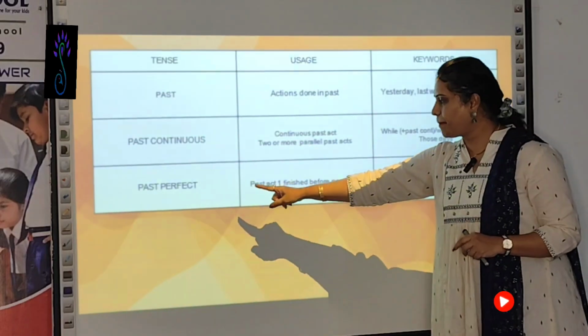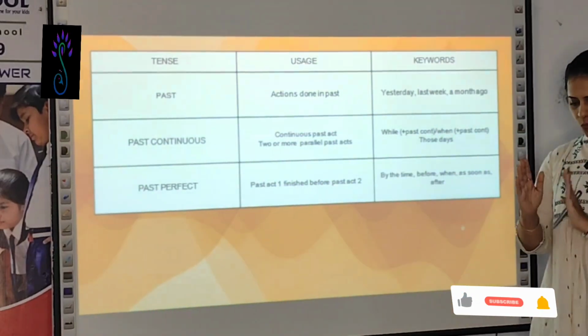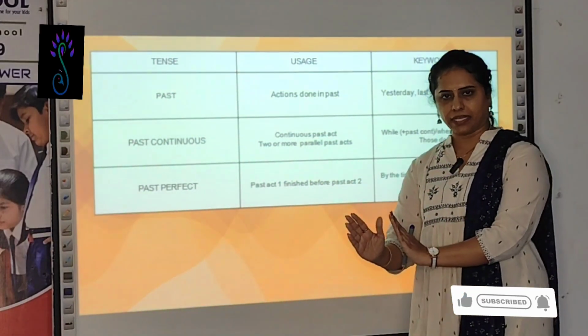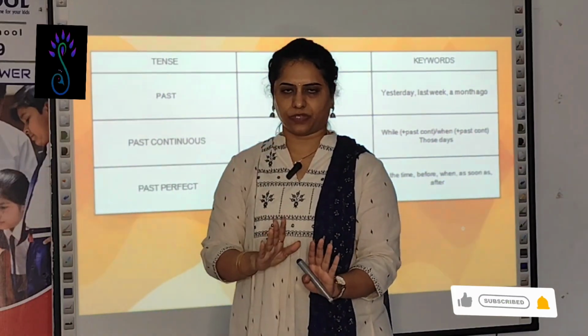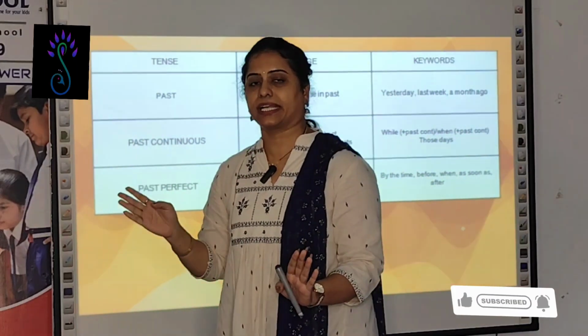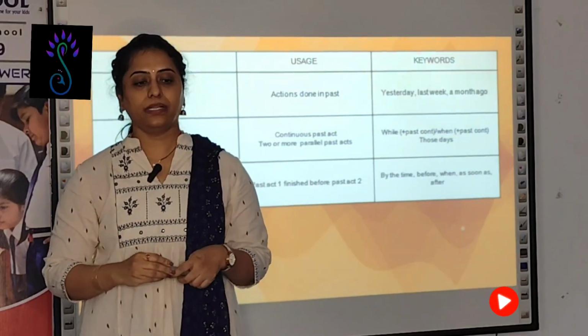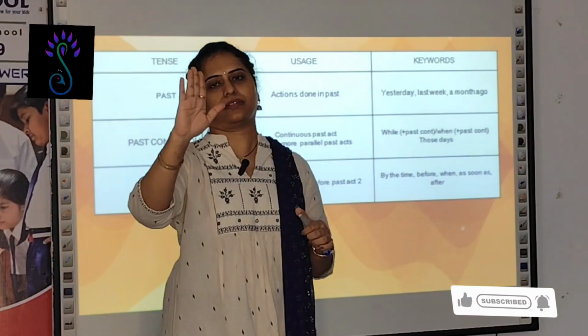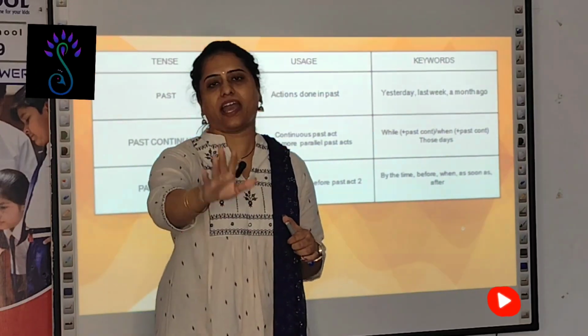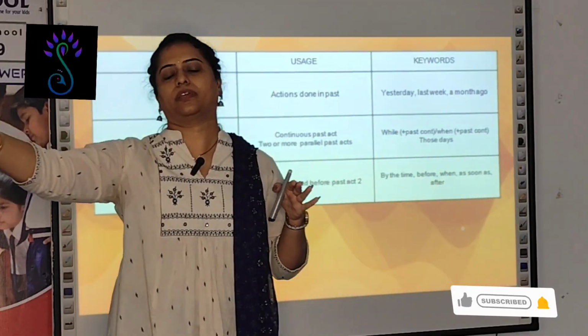Okay. Next, past perfect. One action should be in past. That past ki venaka jarigina action past perfect. Past kante mundu jarigina action past perfect. Example. The train had left. Train munde వెళ్ళిపోయింది.